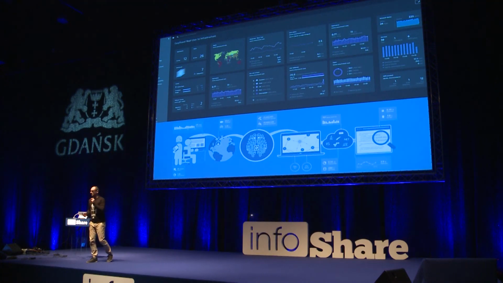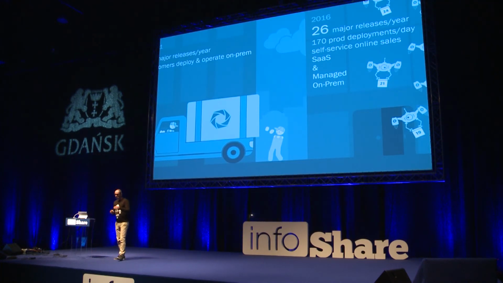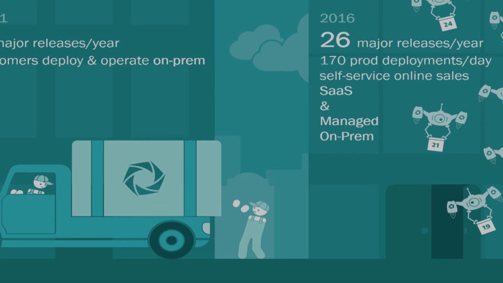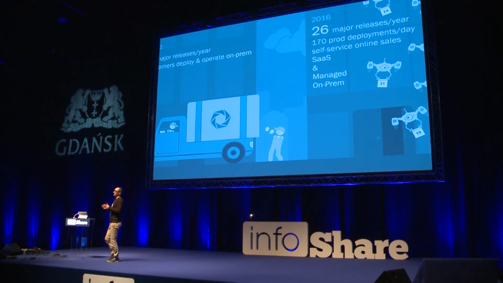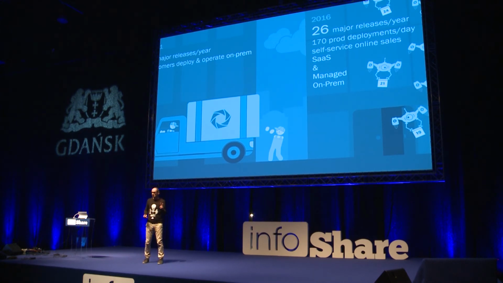But that's not an advertisement, as I said. Instead, I'm telling you the story of how we got from building in Gdansk here and also in the Linz lab a product that was sold purely for on-premises usage. So we had 2 releases a year, nothing more. It took forever to get feedback from the customers.